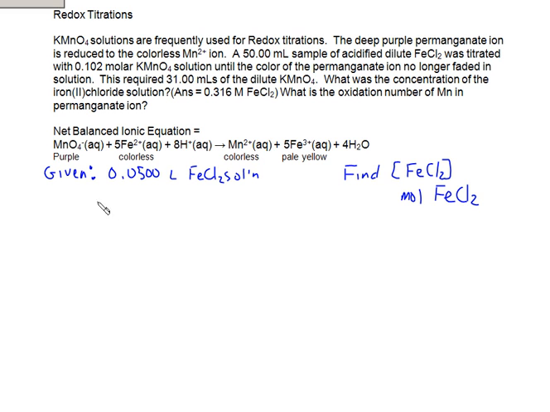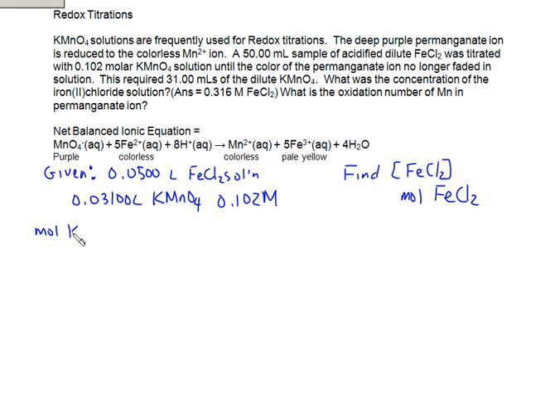Now, we are also given that we have 0.03100 liters of the potassium permanganate solution. And we know that the concentration of this was 0.102 molar. What we're going to do is use this information to determine the moles of potassium permanganate.